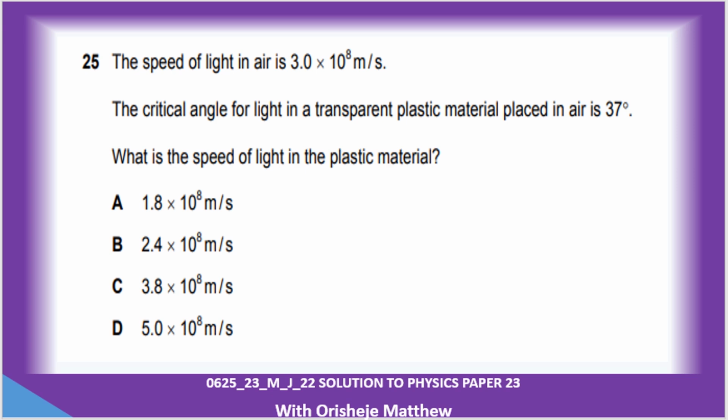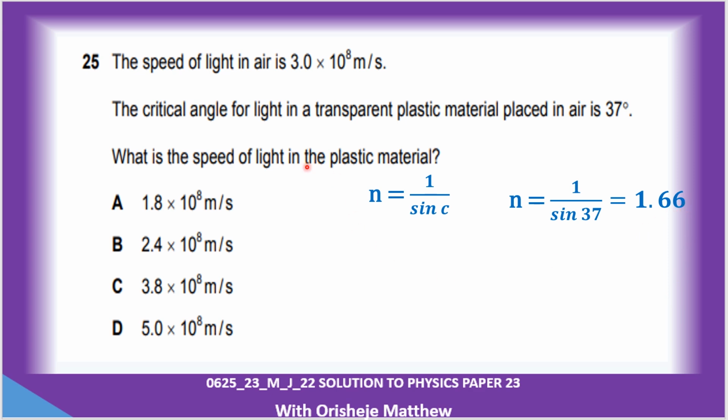So all we need to know is that from the critical angle given to us, we can find the refractive index of the plastic. The refractive index of the plastic is 1 over the sine of the critical angle. So that will give me 1.66.